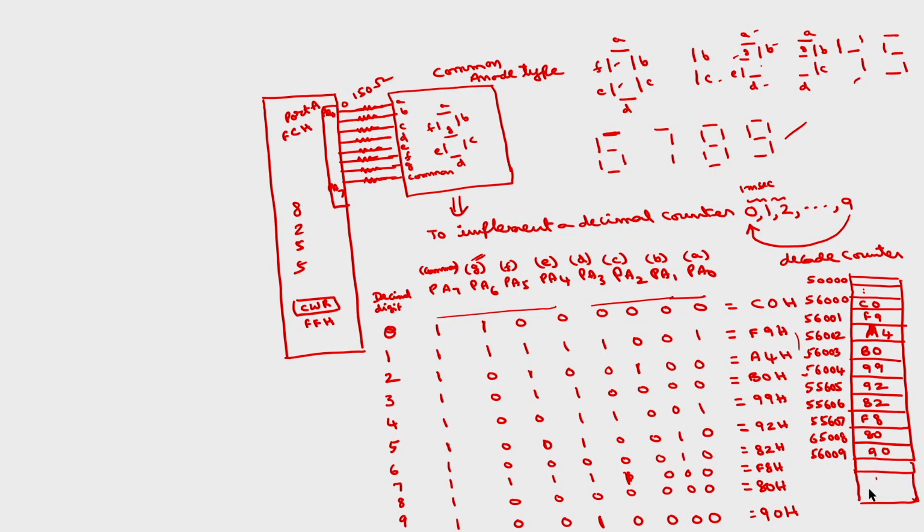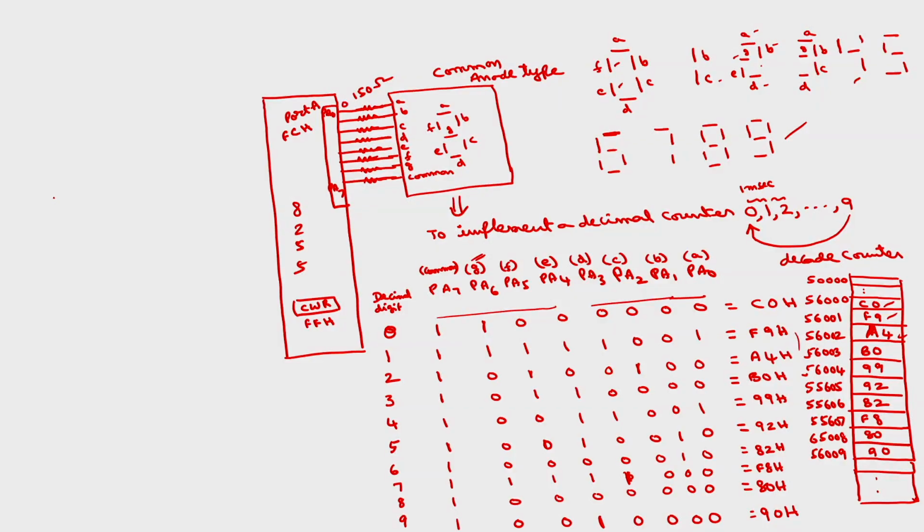The addresses after that we are not using. Now, I want to display these values. First you display C0 value, then F9 value, then A4 value and so on. And in between you call a delay subroutine of 1 millisecond. So, what will be the program now?